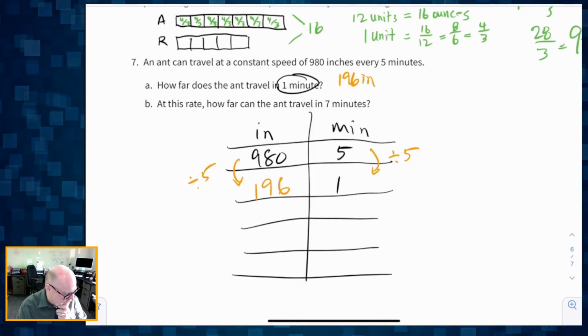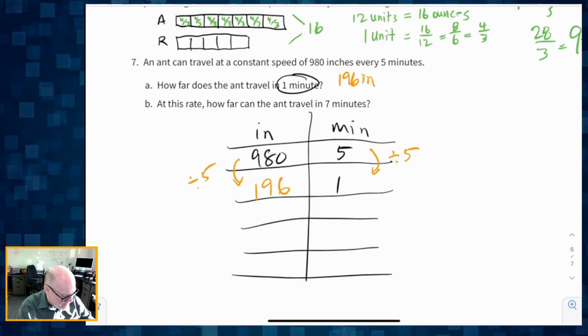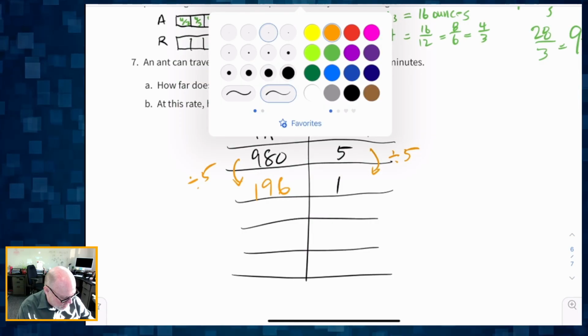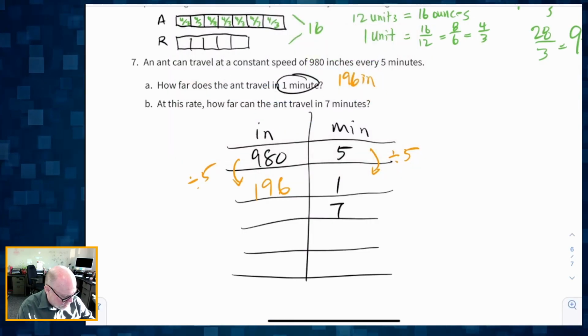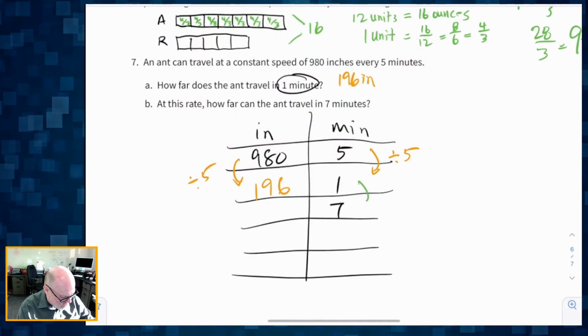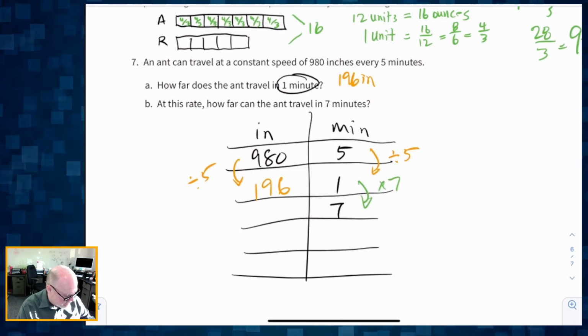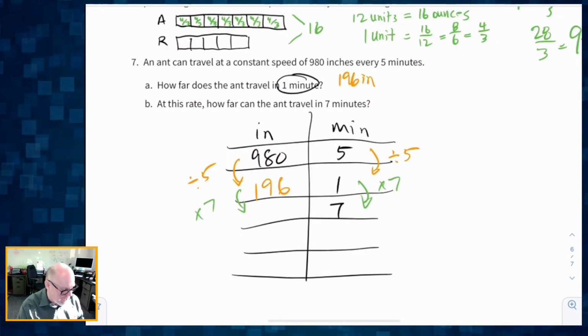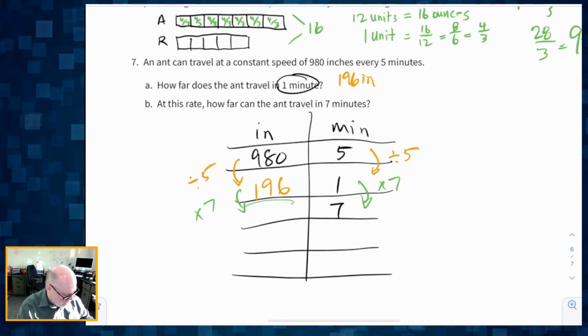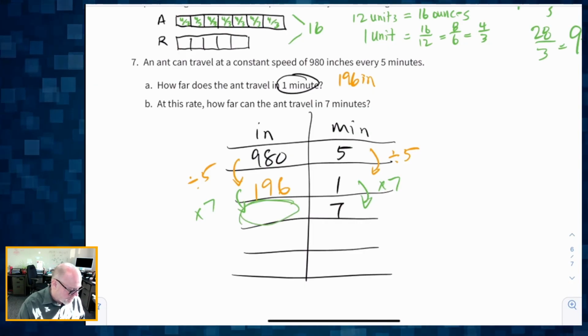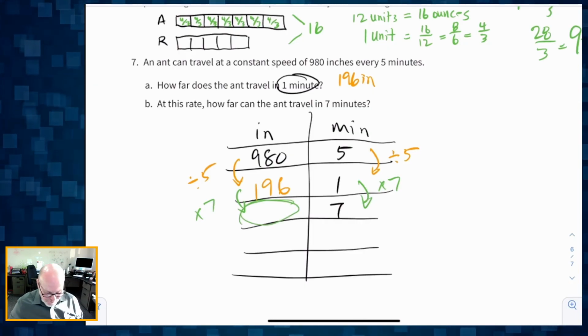And then at this rate, how far can the ant travel in 7 minutes? So now we want to know 7 minutes. So what are we going to do? Well, our scale factor is multiply by 7, and your answer is whatever the heck 196 times 7 is.